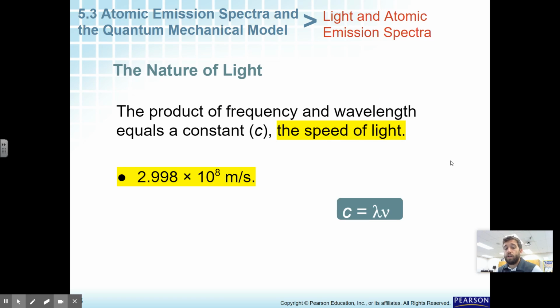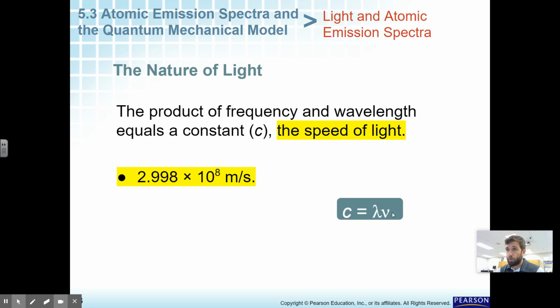Okay, so moving on, you have this formula that you need to know, and you'll have it, but you need to be able to apply it, which is c equals lambda times nu. In other words, the speed of light, which is c, a constant, equals the wavelength times the frequency. When we do the math for these problems, the speed of light does not change.